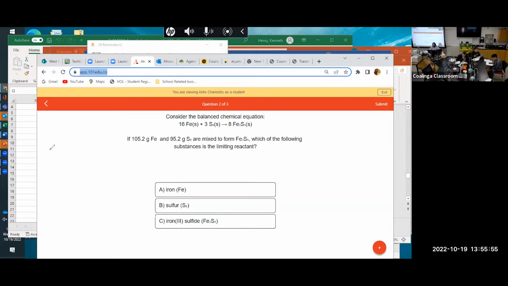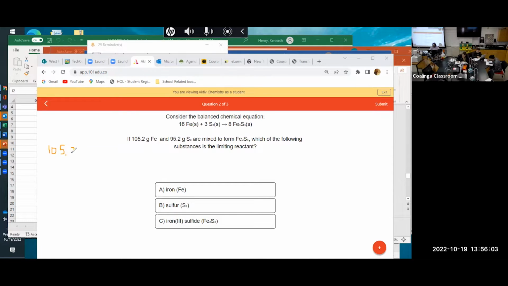So how would I change the iron into moles? 105.2 grams divided by what is the molar mass, 55 point what? 845.